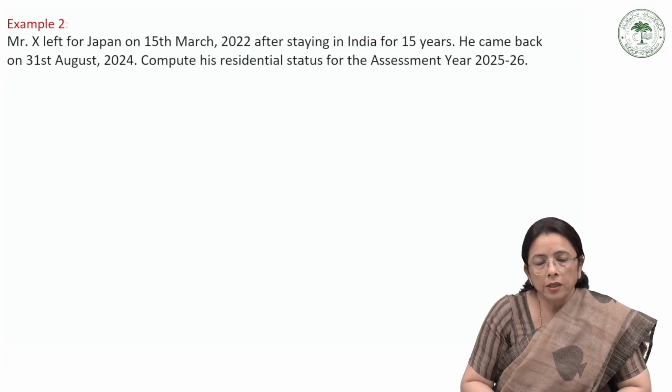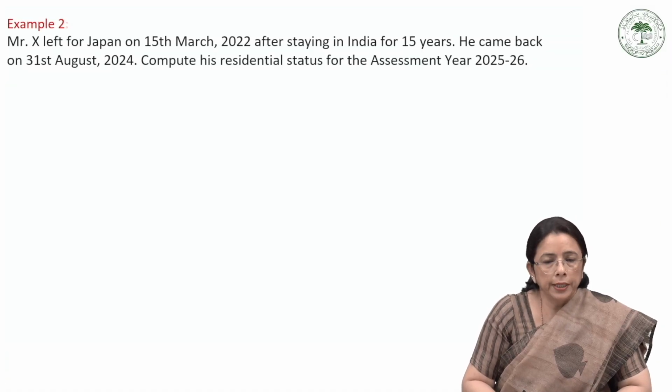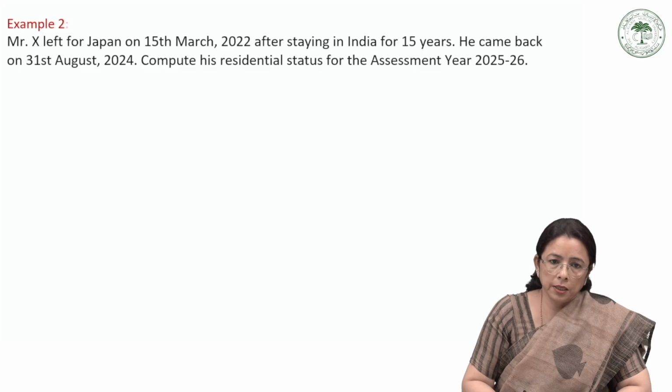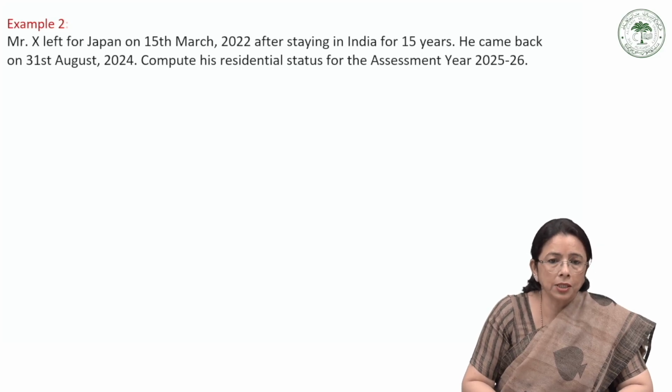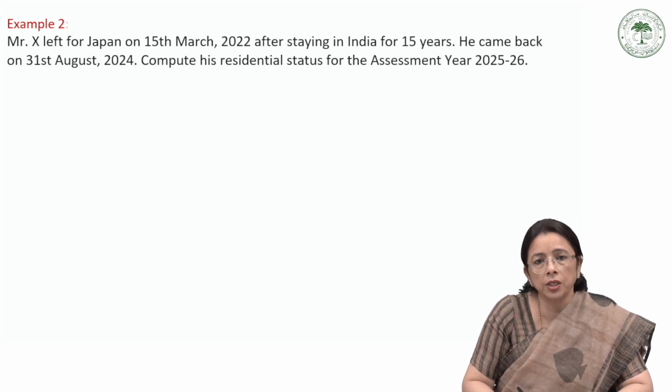Greetings, everyone. Continuing to the residential status that we were discussing in the previous session, we discussed in detail how to decide the residential status of an individual on the basis of two conditions, that is the basic conditions and the additional conditions.